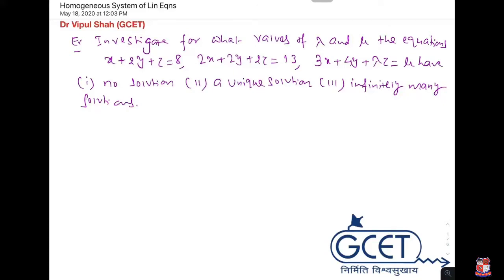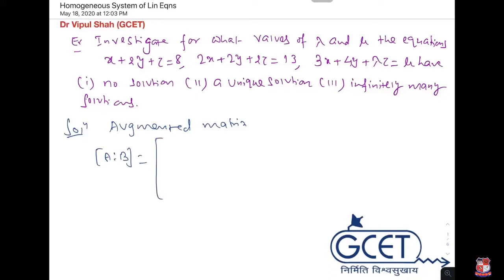So now let us consider this system in an augmented matrix. So the augmented matrix is like this.